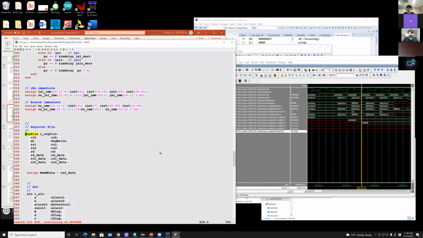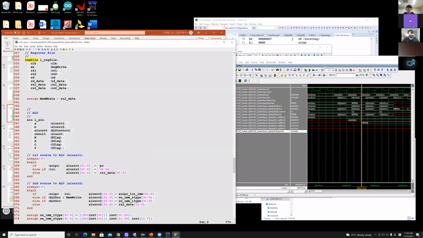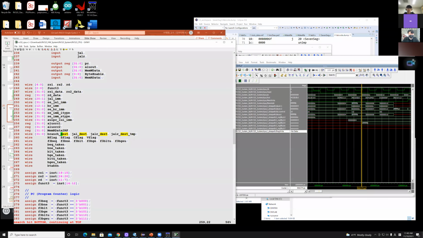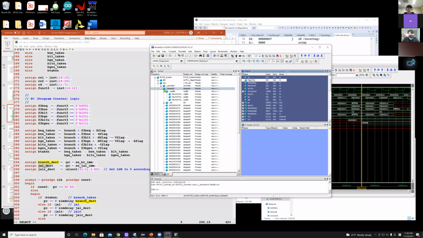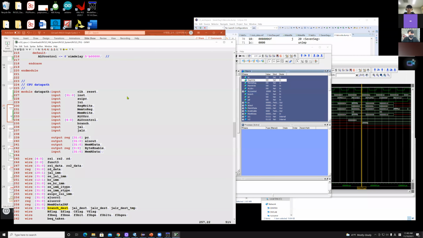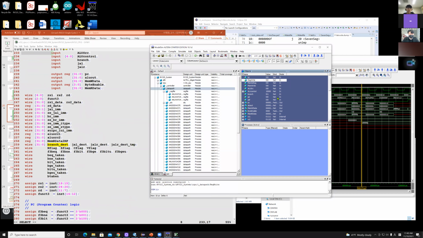Because we are executing a branch instruction, so here, branch destination, JAL destination. How about the branch destination computation? Where is that? It is in the data path. So inside the data path, I want to see the branch destination.